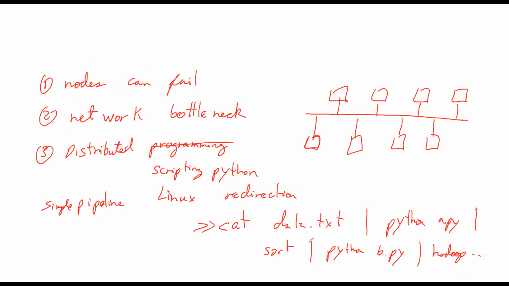This is the framework that they came up with. Basically, MapReduce addresses all three of these challenges. So what three challenges? The ones that I skipped. It addresses nodes can fail, network bottleneck, and distributed scripting environment. So that's what we're going to talk about now.